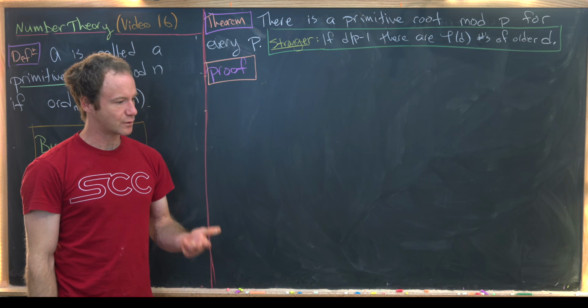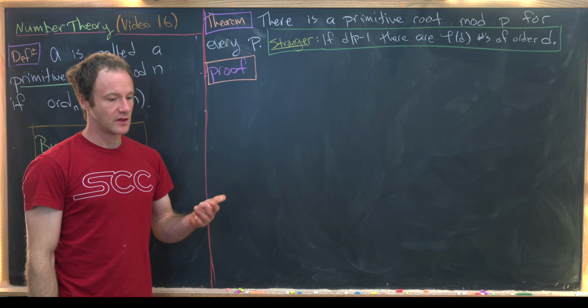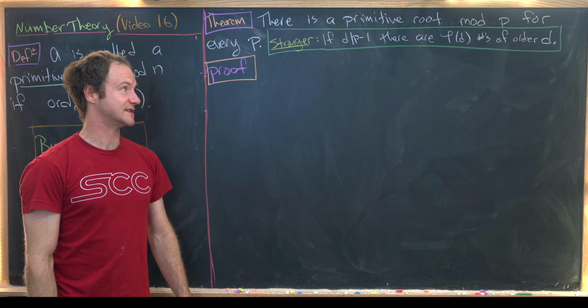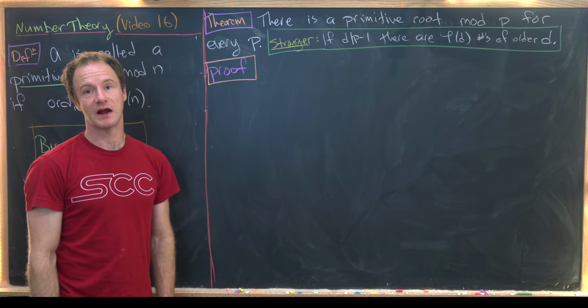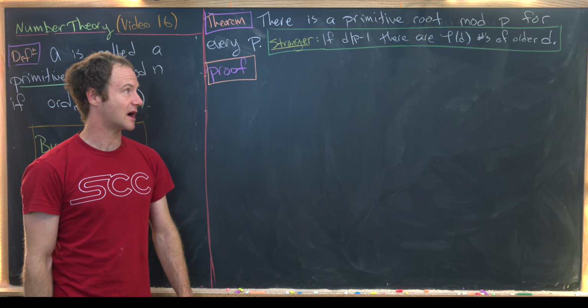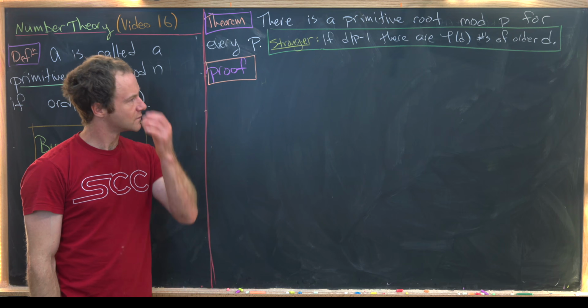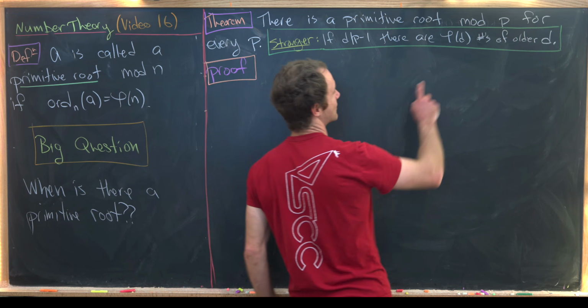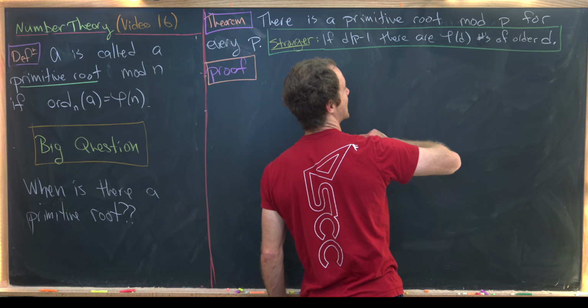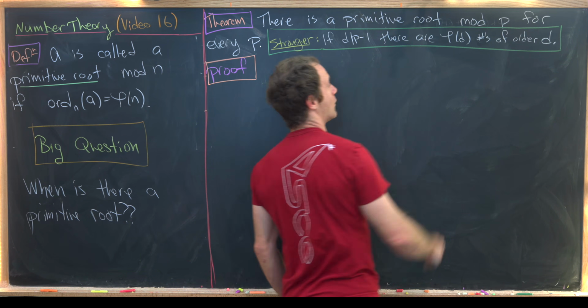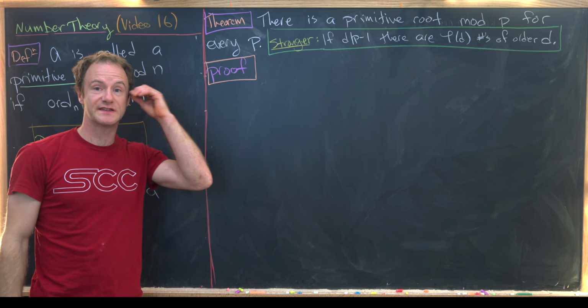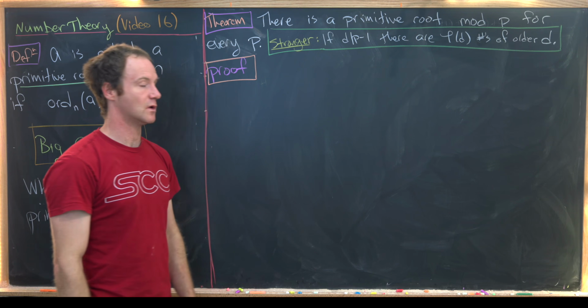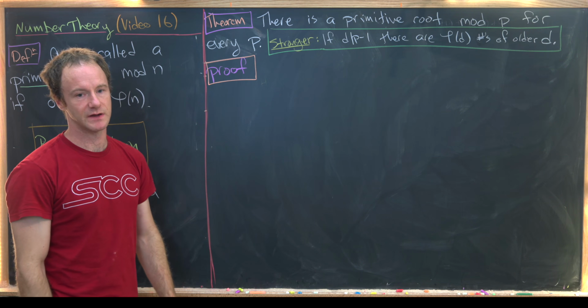So that tells us we achieve the order of every divisor of p minus 1. That includes p minus 1 itself. Well, what does that tell us? That tells us that there are exactly phi of p minus 1 elements of order p minus 1. In other words, there are phi of p minus 1 primitive roots mod p.